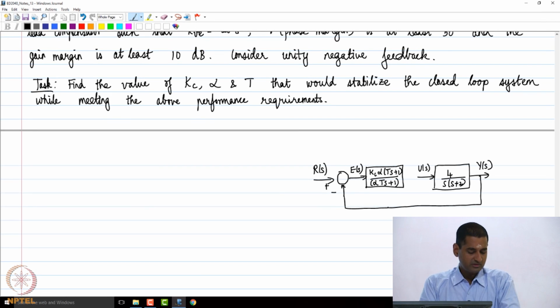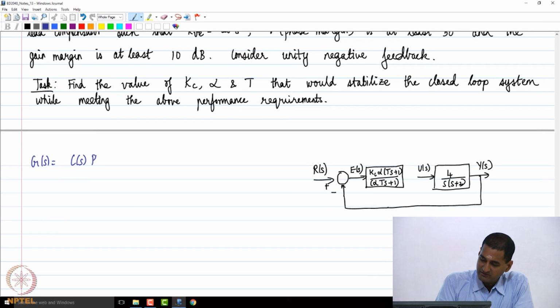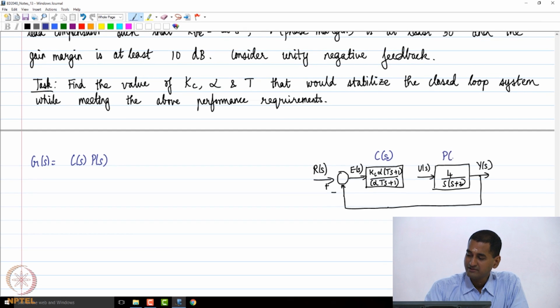Please note that G of s is equal to C of s times P of s. This is our controller transfer function and this is our plant transfer function. I am using the same notation as we have been using throughout the course.